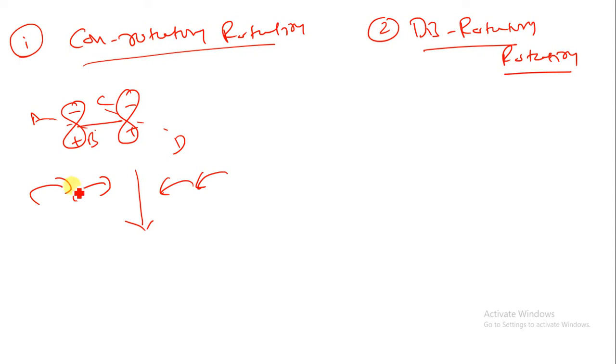Again, if the terminal lobes are rotated in the same direction, whether clockwise or anticlockwise, then it is known as conrotatory rotation. If I rotate this, then this minus will come out over here and this will come out over here.